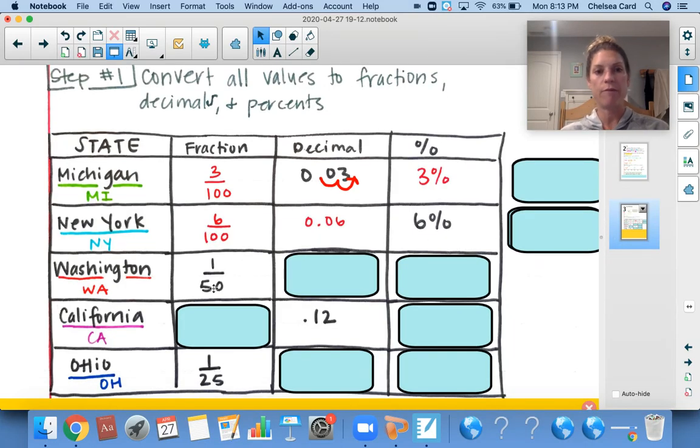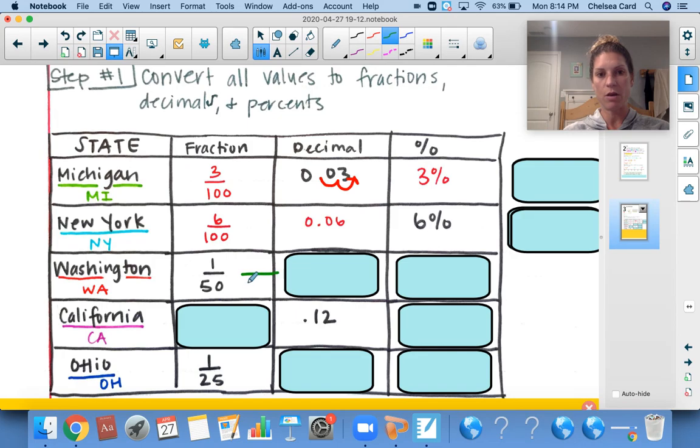Washington, I have 1/50th. Well, in order to turn this into a decimal, I first need to figure out what I need to multiply 50 by to get to a 10th, 100th, 1,000, 10,000, whatever, so that I have some sort of place value. The best place value here is going to be 100. So I can say, okay, I need to set this equal to something over 100.